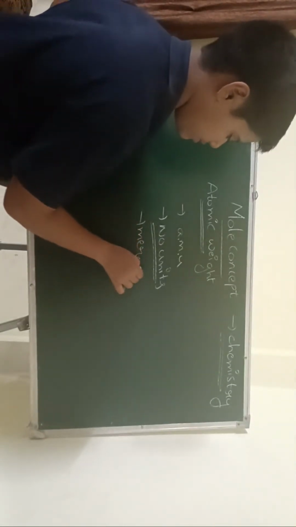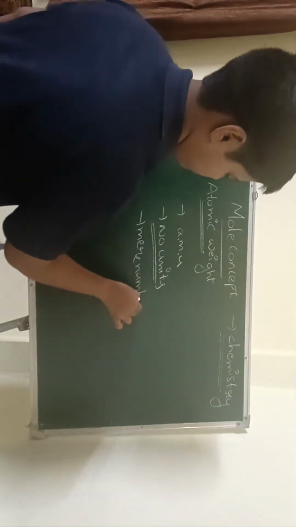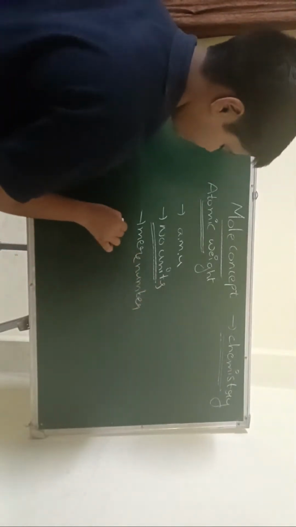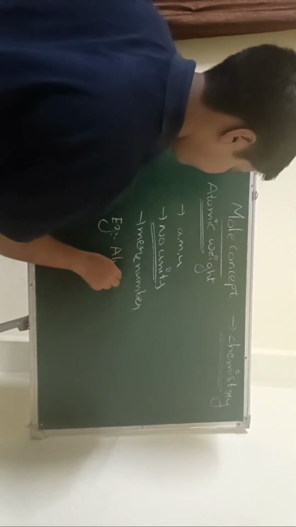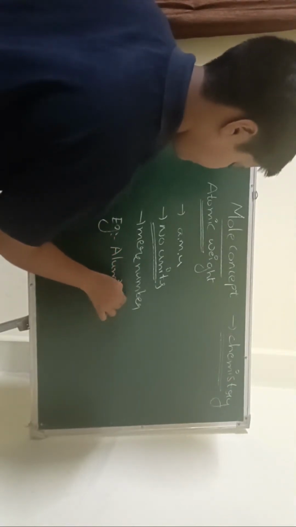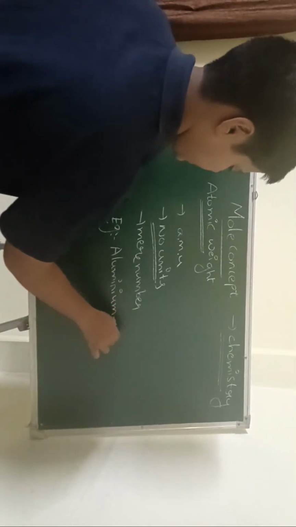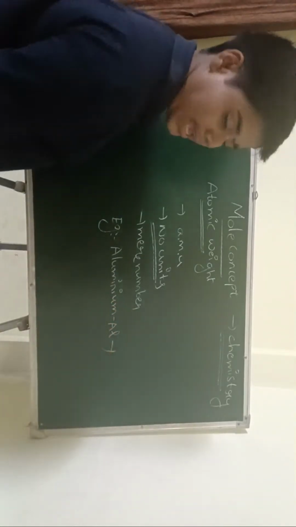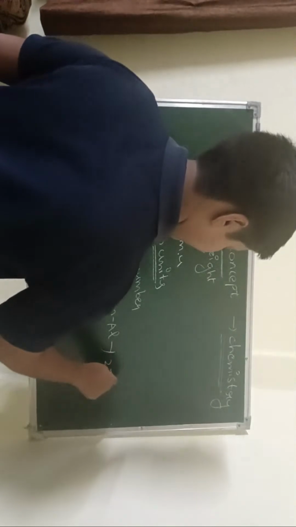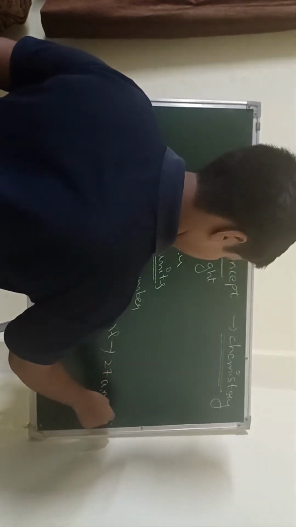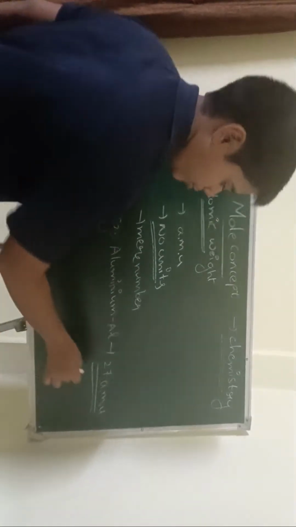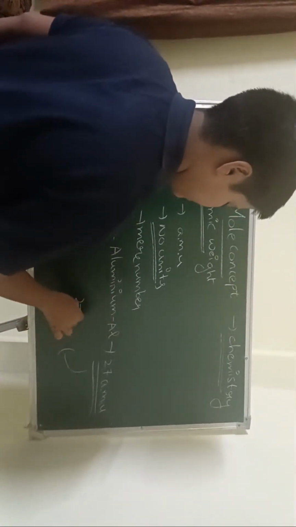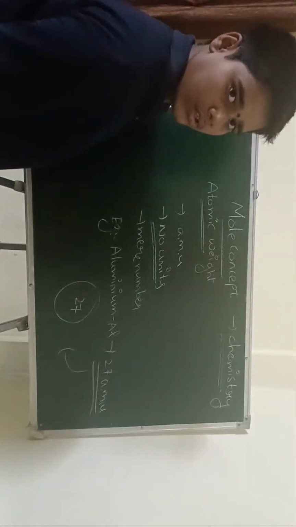It is a mere number, simply a number. For example, I took aluminium, Al, which has 27 AMU atomic mass, and the atomic weight will be 27, only a number.